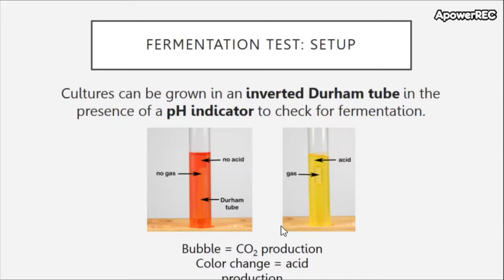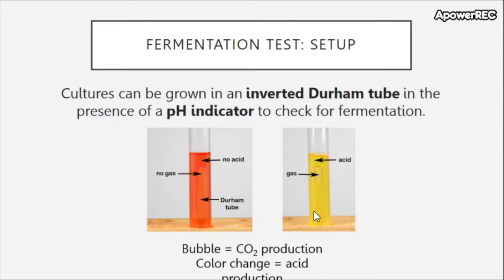The inverted Durham tube is just a glass tube that's turned upside down inside of the larger tube and filled with the solution of the medium. If you set this to incubate overnight, or however long is necessary, the air bubbles produced from organisms that are not inside of it will typically just escape out the top, diffusing through the solution and out of the tube.